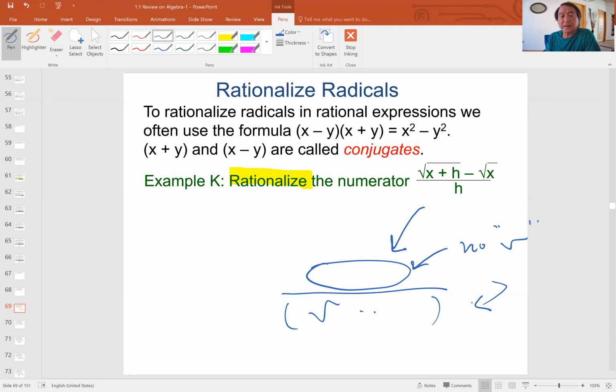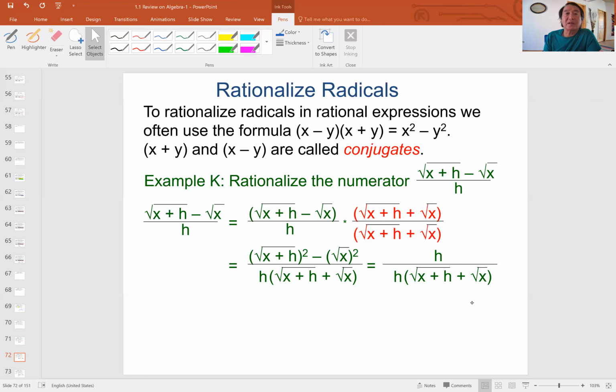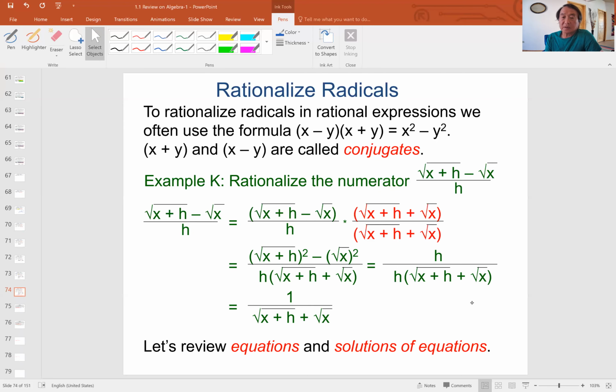Oh, by the way, in this problem the h will be canceled, similar to the last problem. We use the conjugates because conjugates square out the square roots, and that simplifies things. The h pops out in the numerator, it will cancel with the bottom h, being 1, and this is the simplified version. This is another technique we will use in the type of algebra we're going to see. Okay, this is a simple version of it. So these are the things we do to expressions.